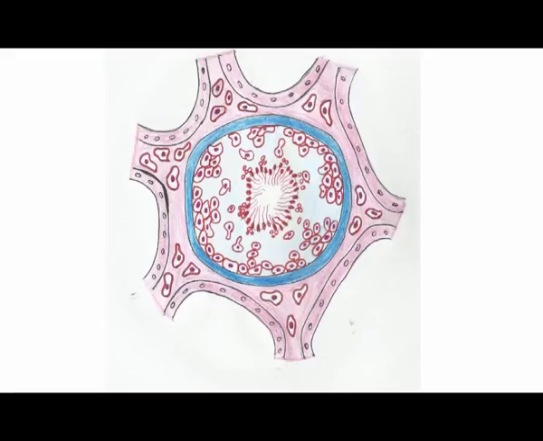So to understand the regulation of LH and FSH, let's look back at the individual anatomical features of the seminiferous tubule. Here what we have is interstitial cells, what we call Leydig cells, and here we have a distinct cell that is called Sertoli cells.